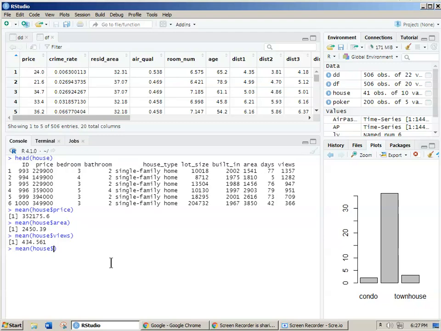We'll say the median. Median is a little bit different. Let's say, okay, wait a minute. House built in. Now that's the years, right? So what's the median age? What the average age of the house in years? That wouldn't really mean anything. But the middle age, how many people are below for age?